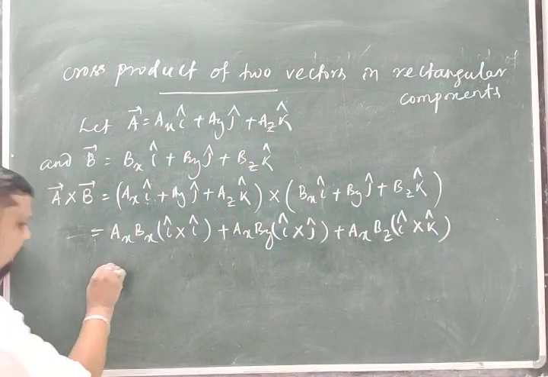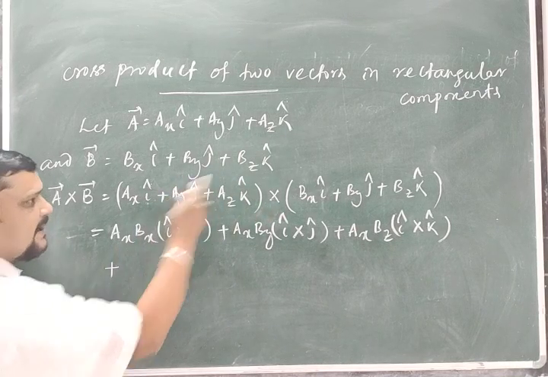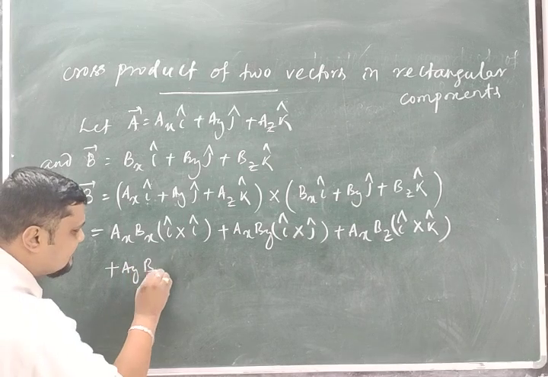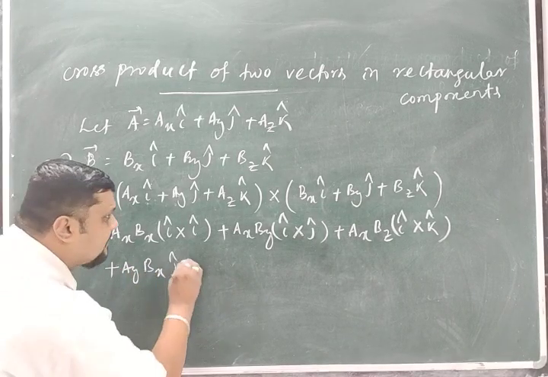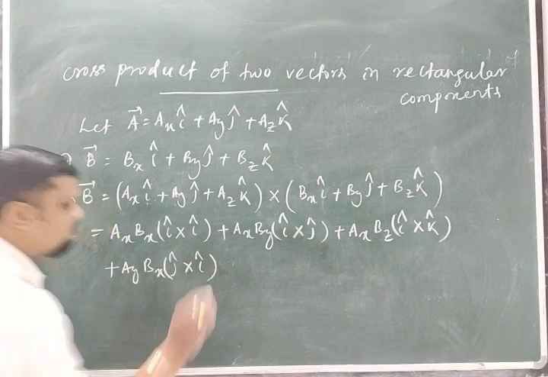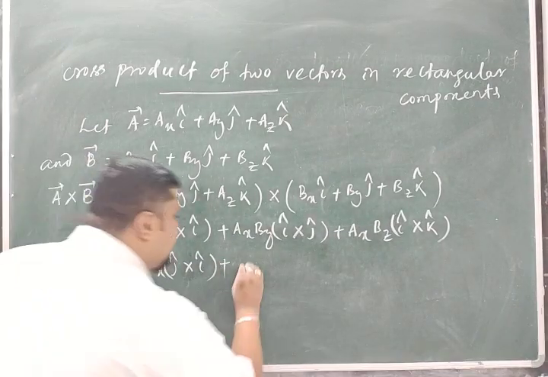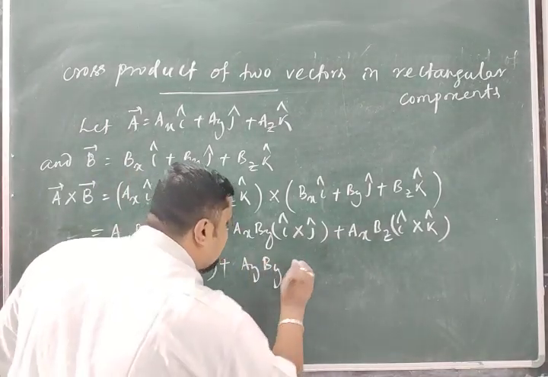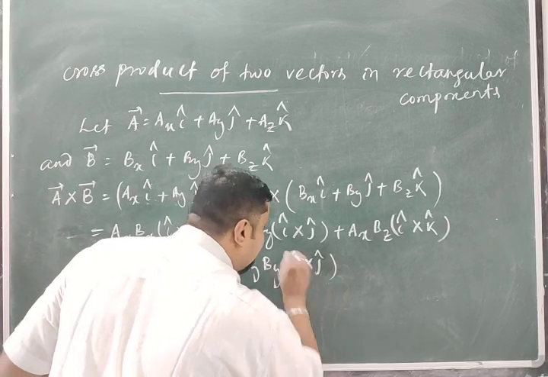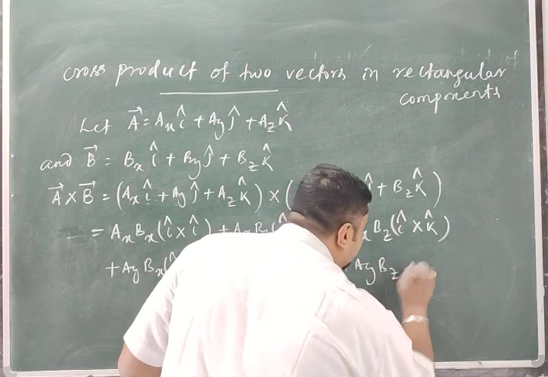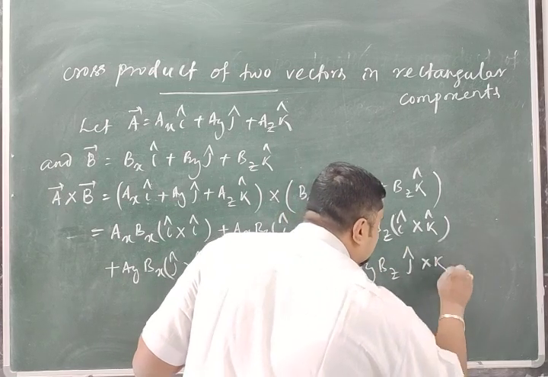Next, plus do the second part, ay j cap multiplied with each one: ay bx j cap cross I cap, plus ay by j cap cross j cap, plus ay bz j cap cross k cap.